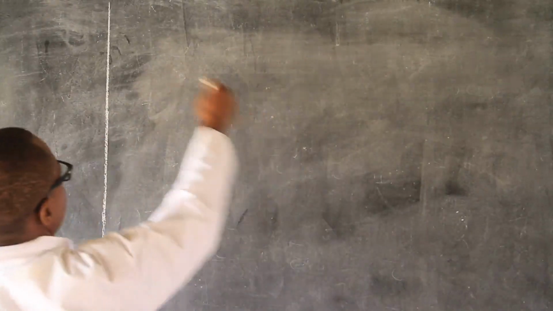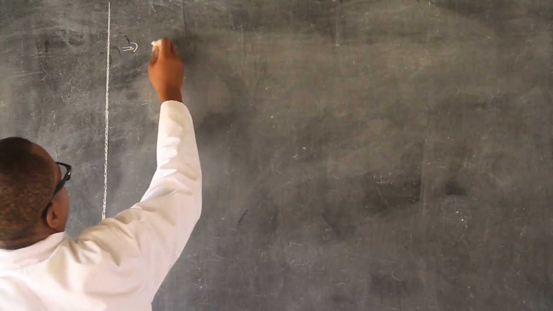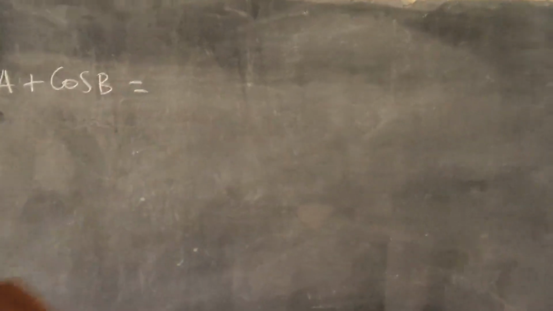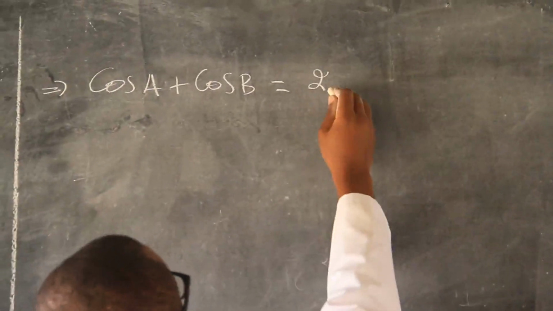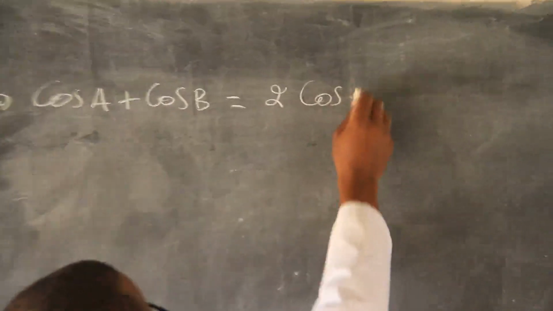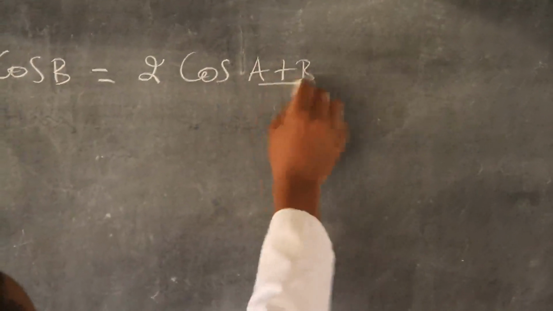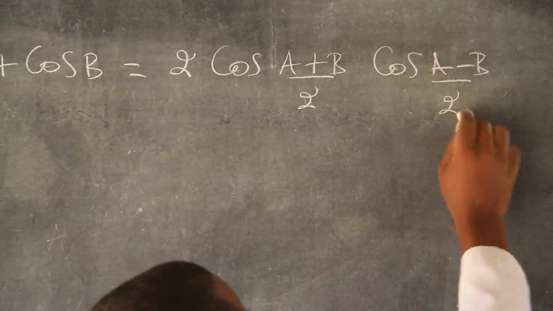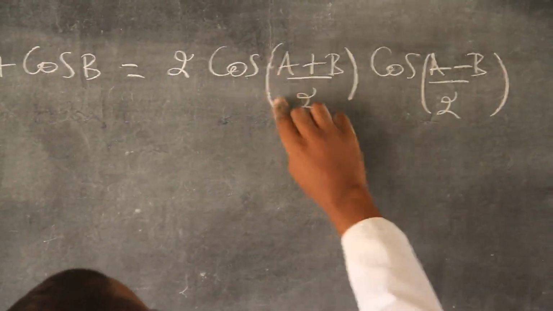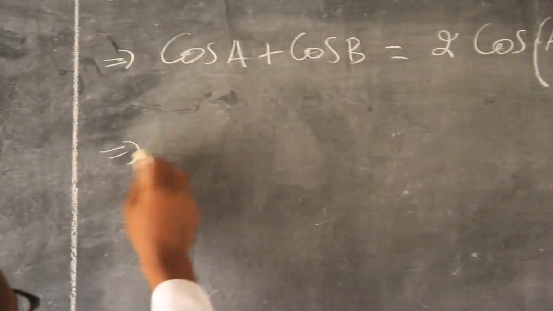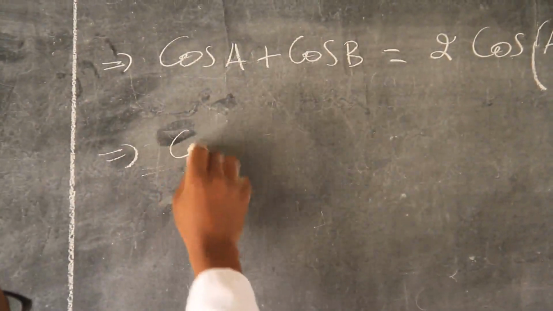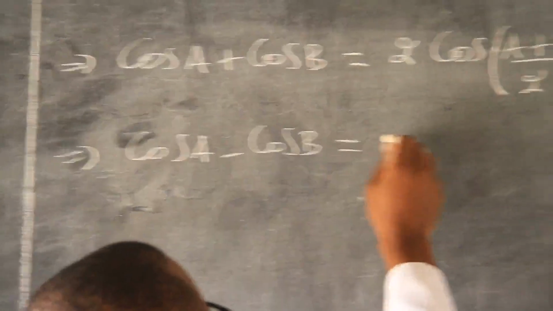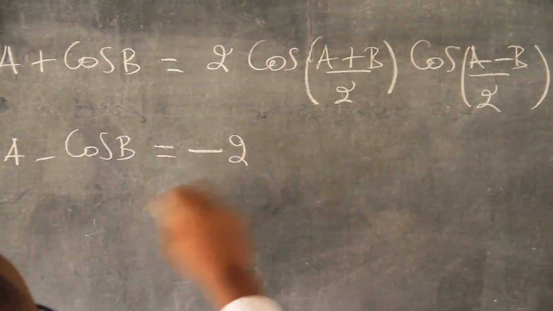All right. So let's talk about cos A plus cos B. This one becomes 2 cos A plus B over 2 cos A minus B over 2. So for cos A minus cos B, it is minus 2 sine.